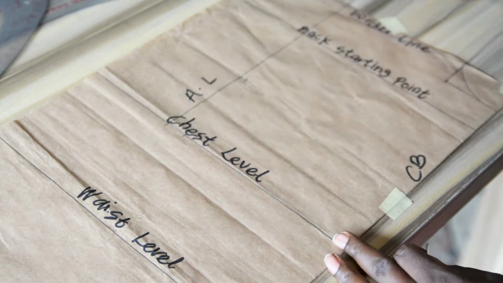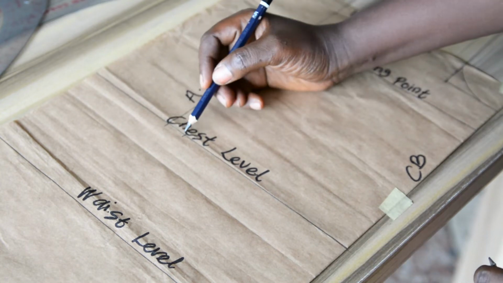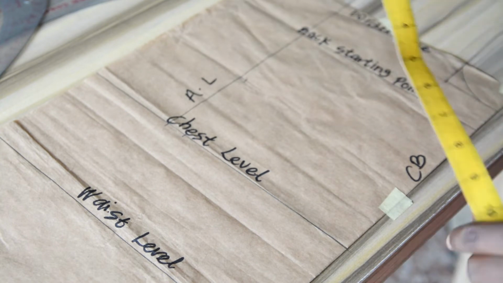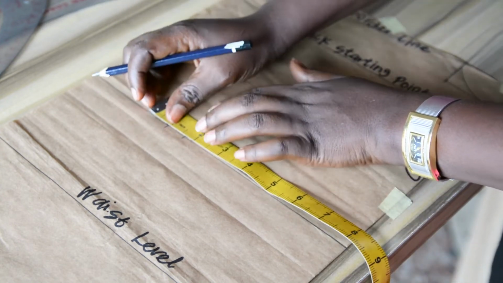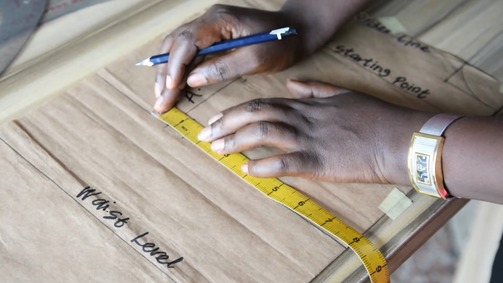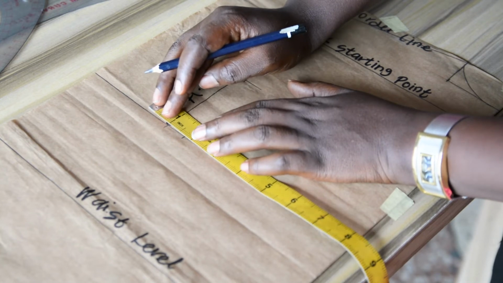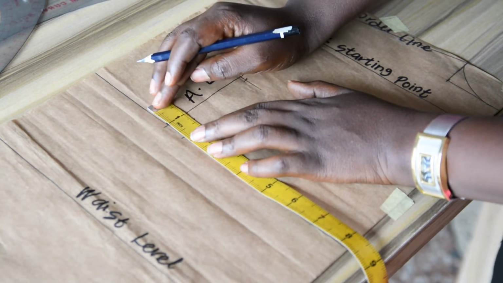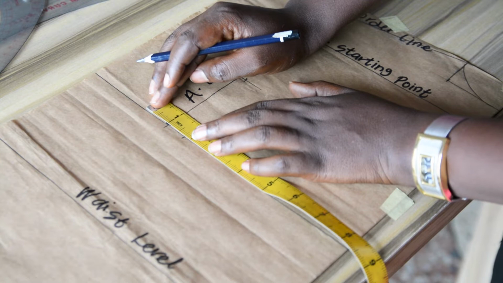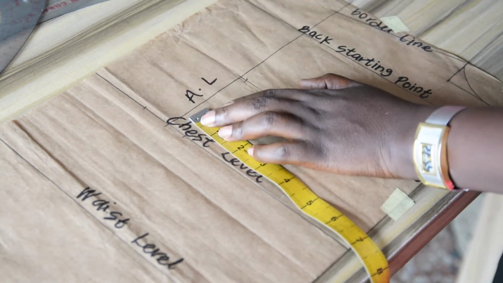It falls before the armhole line. So which means I cannot construct my armhole with this measurement. So from this point, I will be extending the measurement forward. So I will be adding 0.75, that is 3/4 of an inch. So which falls here.